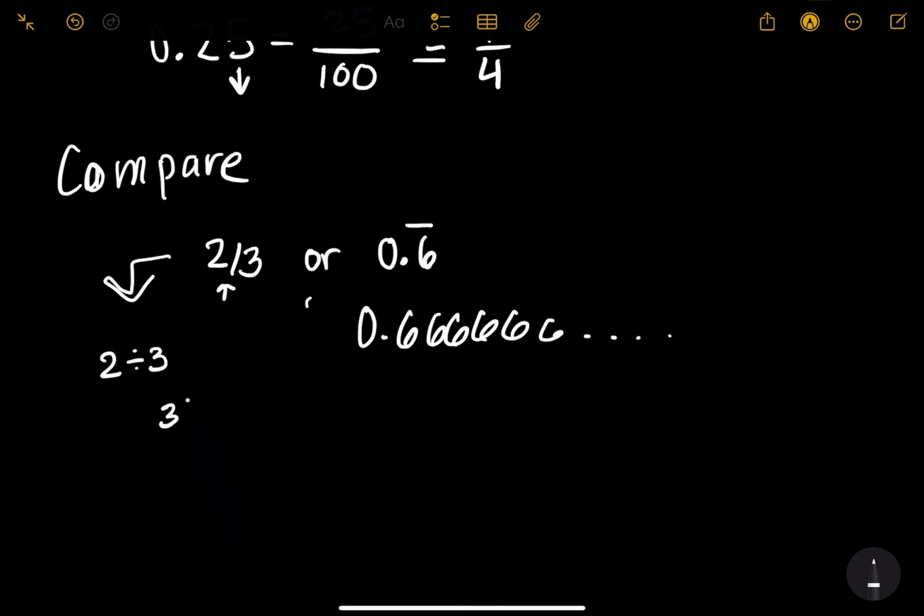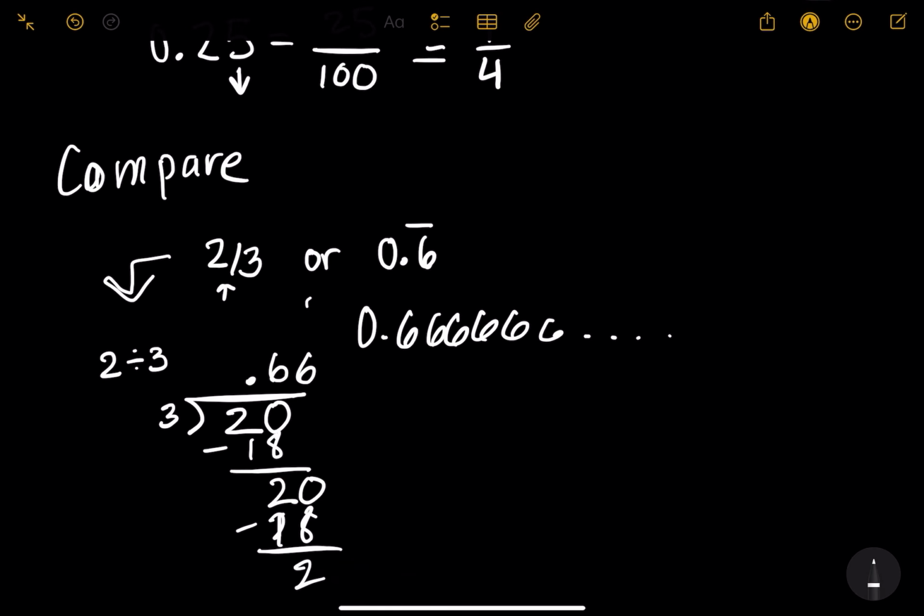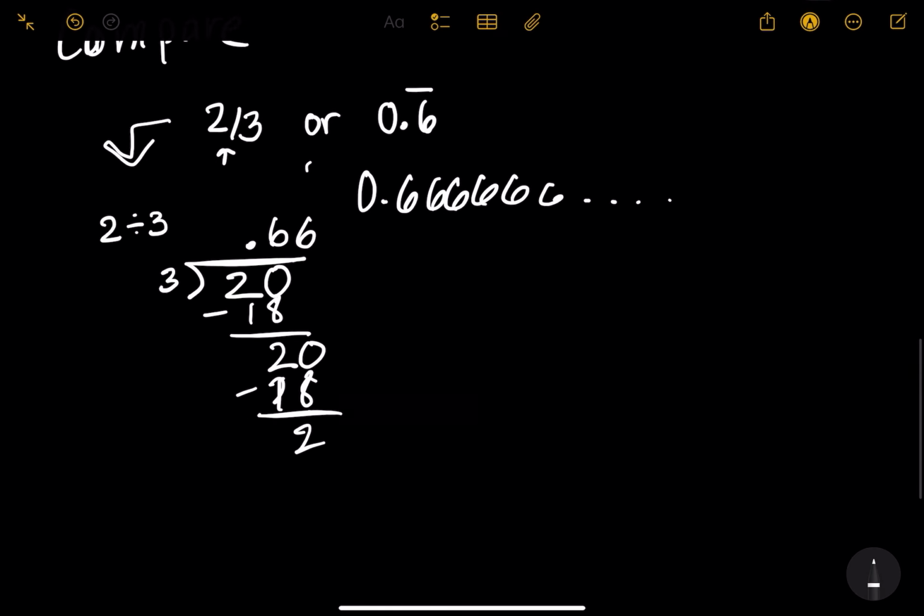So we put the 3 here, the 2 here, and we start to divide. We can't do anything, so I put this point here. And then 3 times 6 is 18, minus 18, we get a 2. Then we bring down another 0, 6, minus 18, and 2. So now I see that it's repeating.